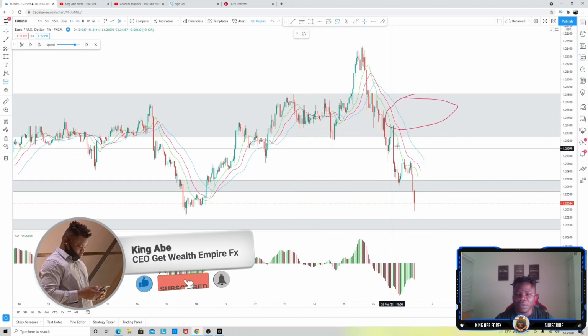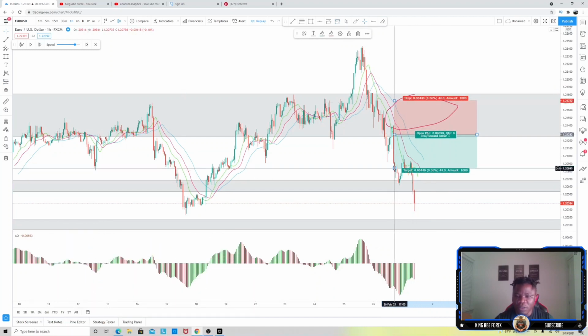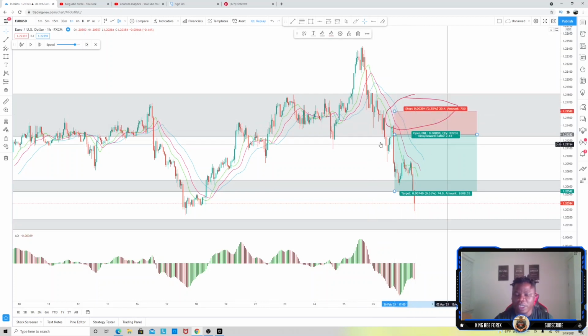You have your entry right over here, and we have our take profit right over here. Our take profit was for 74 pips, and you could have your stop loss right above this zone, let's say about 30 pips right there, and we got a risk to reward ratio of 2 to 4.